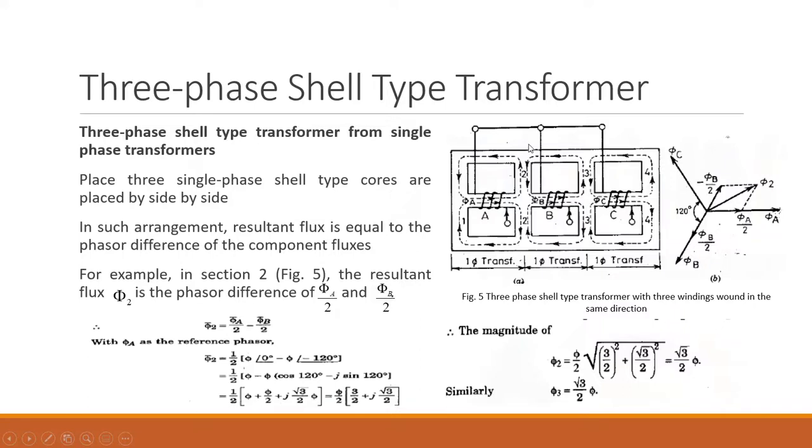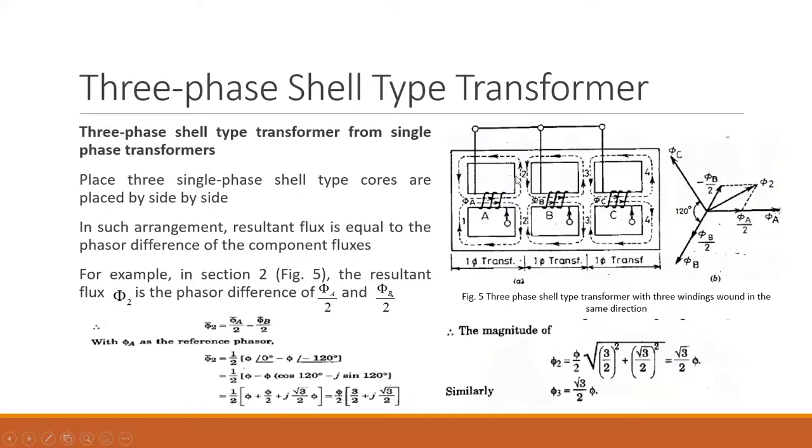So what would be the resultant flux in this section? That will be the phasor difference of the component fluxes. Why the phasor difference? Because of the direction of the fluxes: in one it is upward, here it is downward. So the resultant flux will be given by the phasor difference.